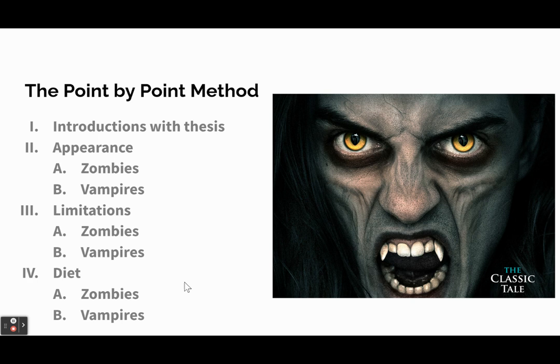The appearance of zombies is almost always gray. They almost always have absolutely positively no facial expressions. And their eyes never seem to focus. If I go to vampires, some vampires are gray, which allows me to have a transition.